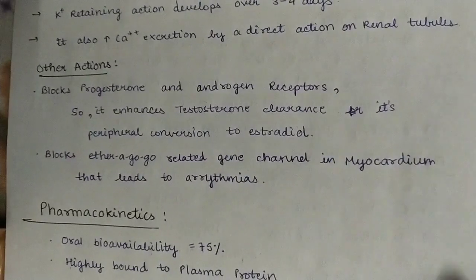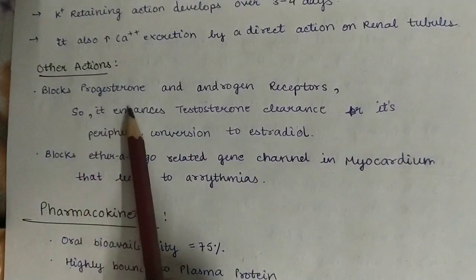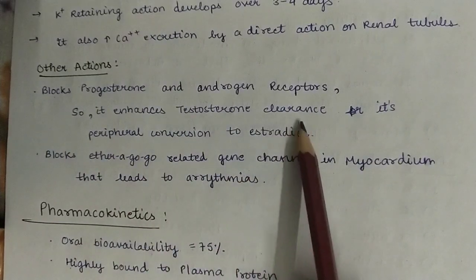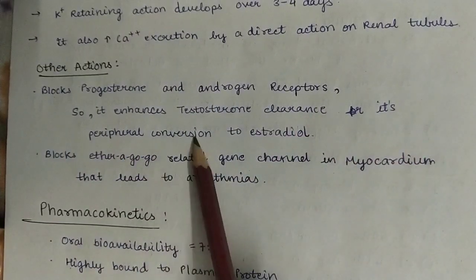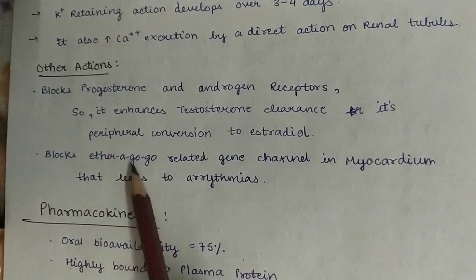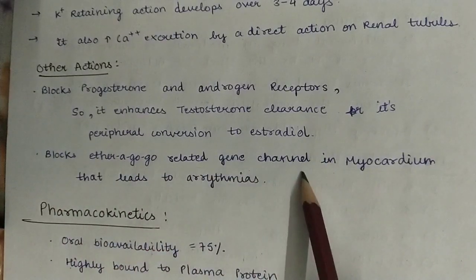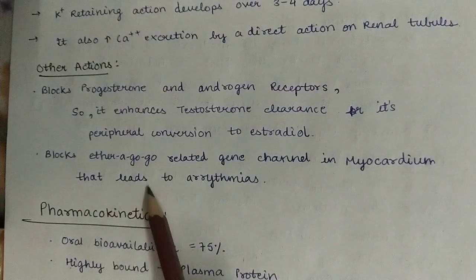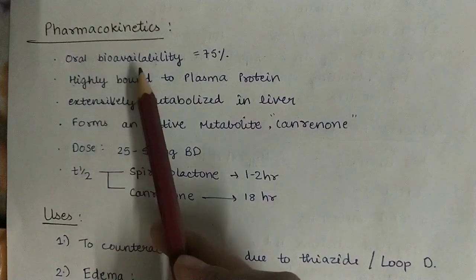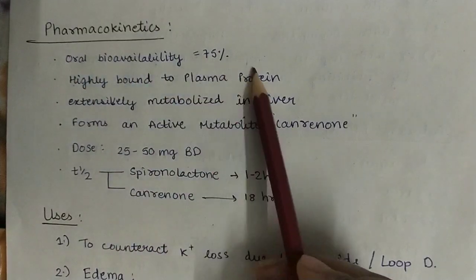Other actions. It also blocks the progesterone and androgen receptors, so it enhances testosterone clearance or its peripheral conversion to estradiol. It also blocks the ether-a-go-go related gene channel in the myocardium that leads to arrhythmia. Pharmacokinetics. The oral availability of spironolactone is 75%.